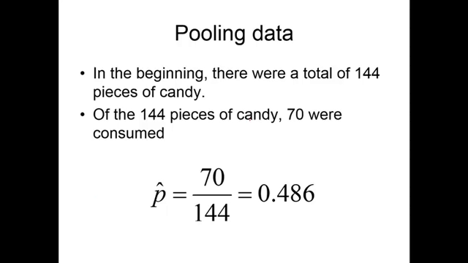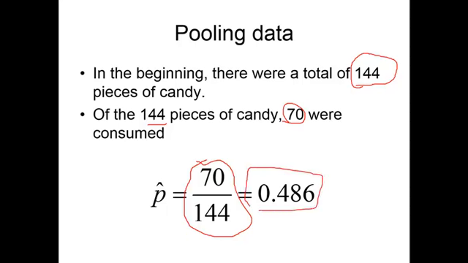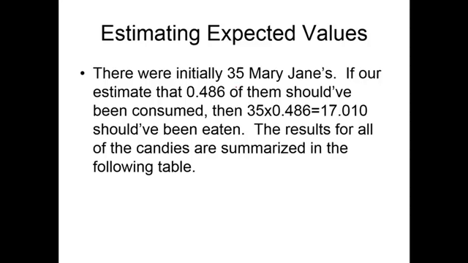Okay, so pooling the data. We add together, there are a total of 144 pieces of candy. Of this 144 pieces of candy, 70 were consumed. So the proportion of candy consumed was 70 divided by 144, which is to say 48.6%. Initially 35 Mary Janes were there.